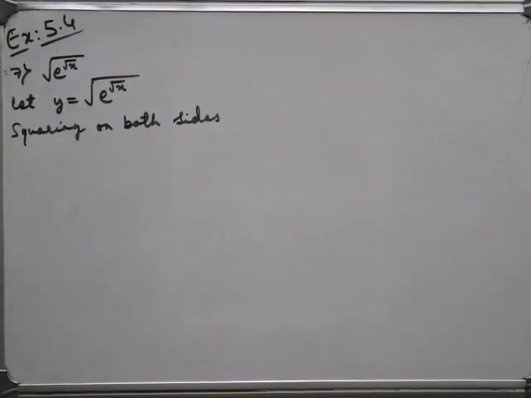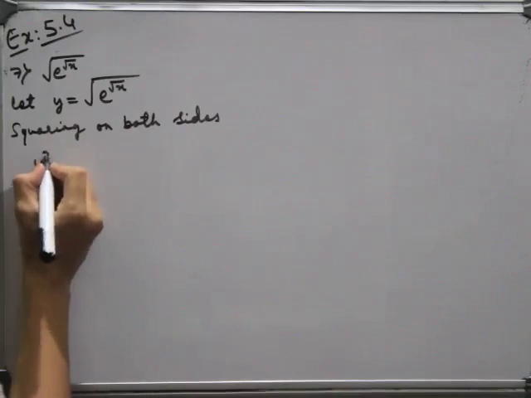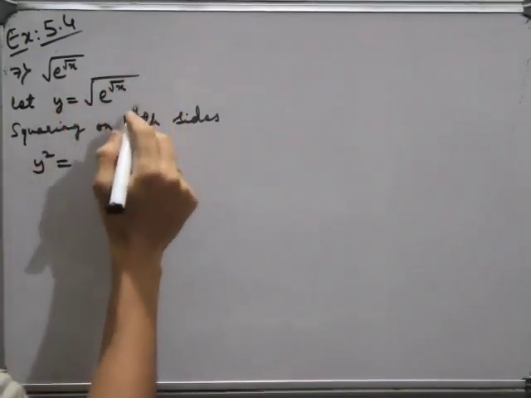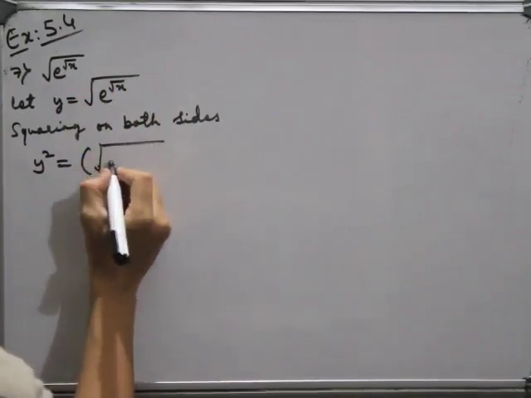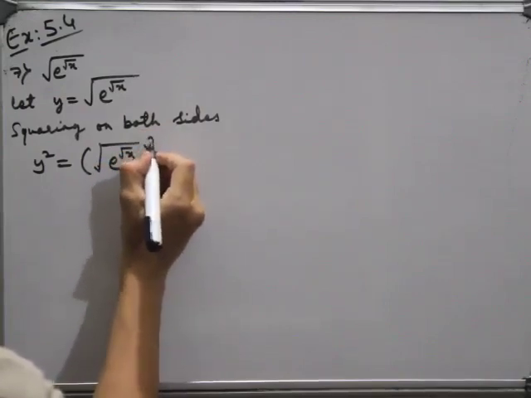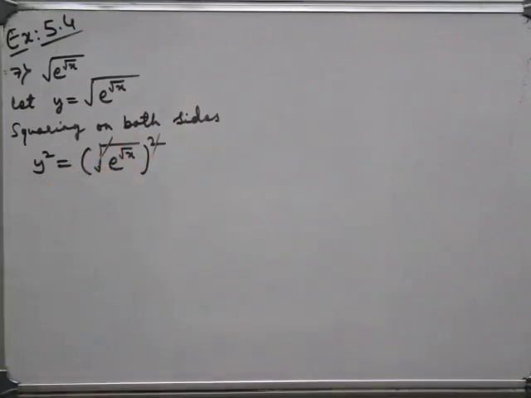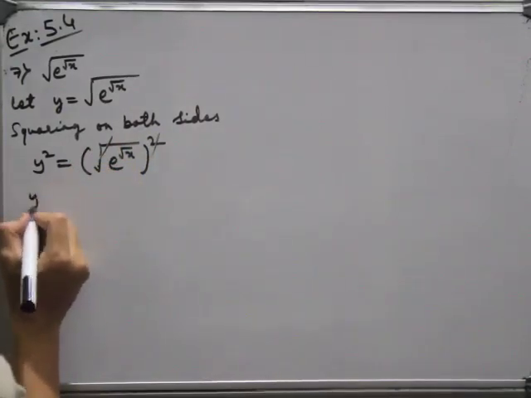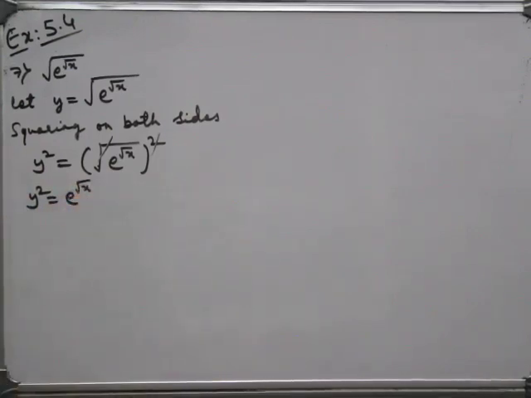Now when you square you get y square is equal to, if I square this, root of e to the power of root x whole square. This square and root will get cancelled. What will be left out? Y square is equal to e to the power of root x.